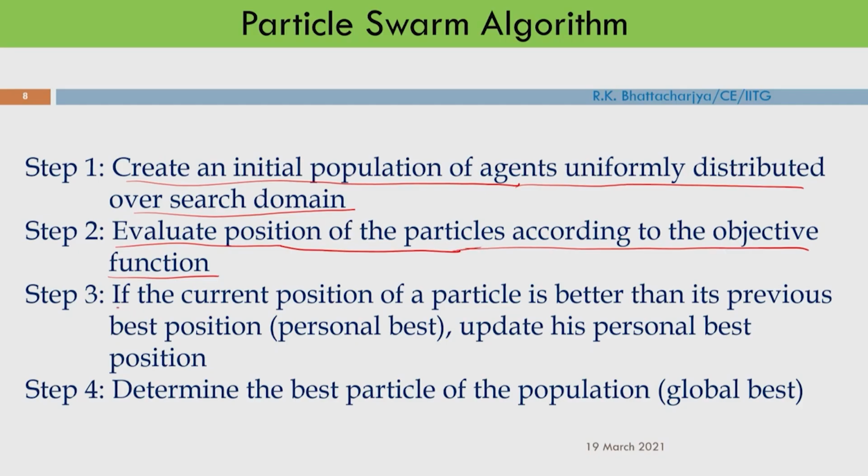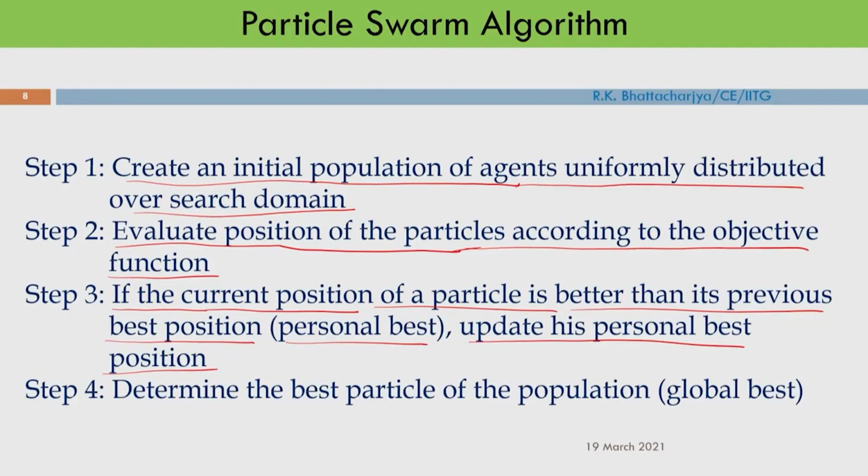Whatever new position you are getting, that is x i plus 1, if the current position of a particle is better than its previous best position, that is the personal best, we will update its personal best position.